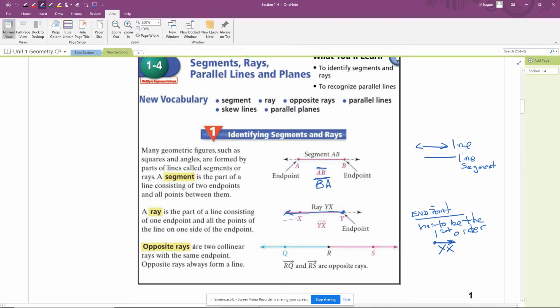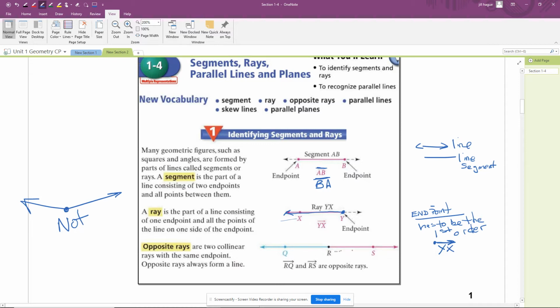Then we have opposing rays, or opposite rays. The key thing to remember with those is they always form a straight line. So look over here on your left. If a ray goes this way and a ray goes this way, they're almost opposing rays. They share a common endpoint, but they don't form a straight line. This would not be opposing rays.